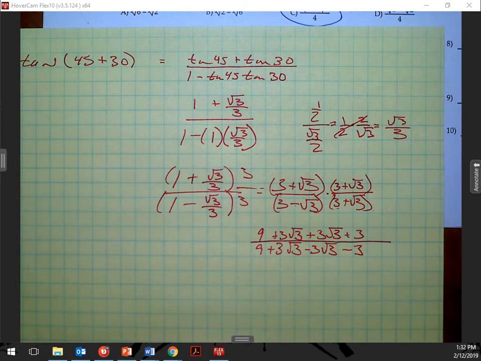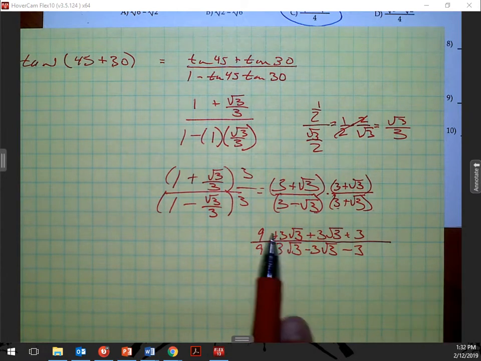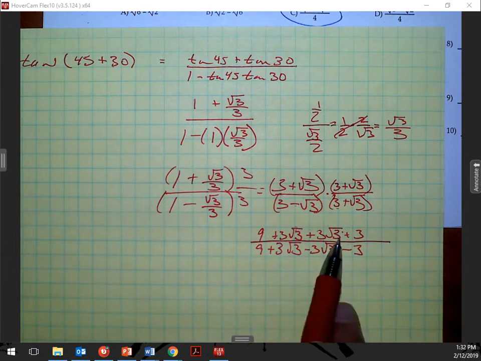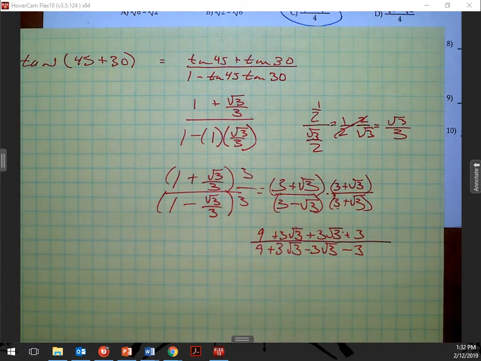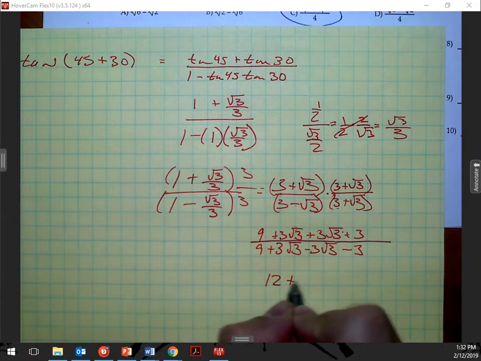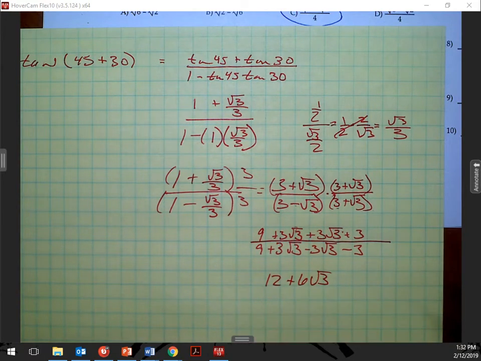So combine like terms in the top. How would you add 3 rad 3 together? How many of those do you have? There's 3 here and there's 3 here. You have 6 of those. So 9 and 3 gives me 12 plus 6 rad 3s, right?